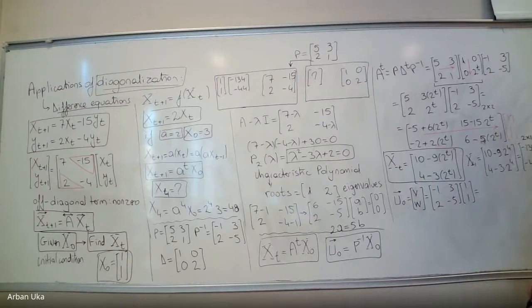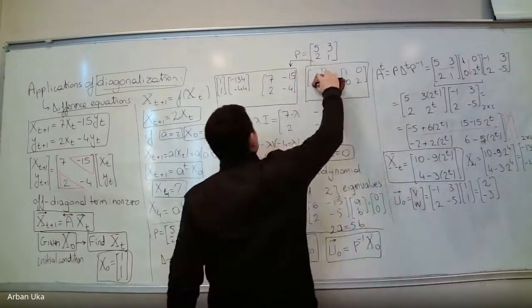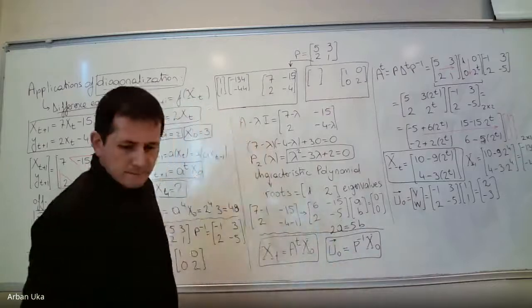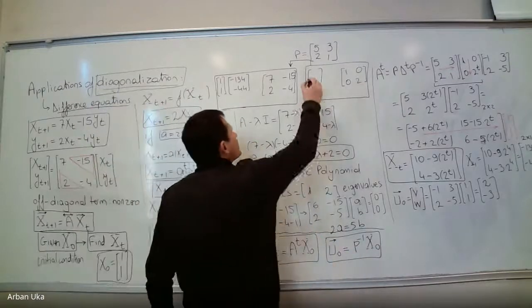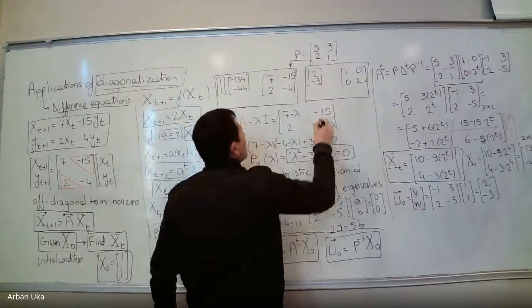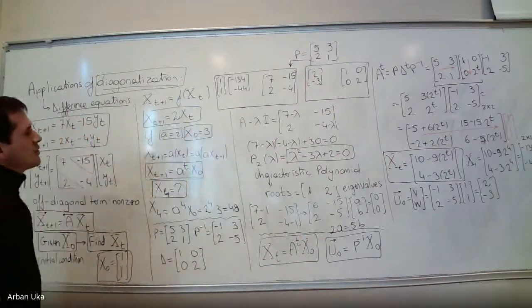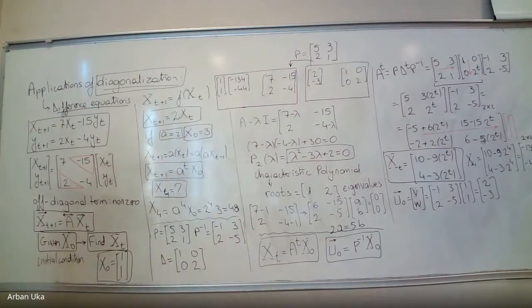So here we get -3 plus 1, 2 minus 3. Is this correct? So it looks like the initial condition, looking at it from a different basis, is not 1, 1, but 2, -3.